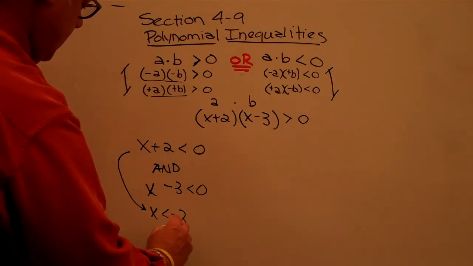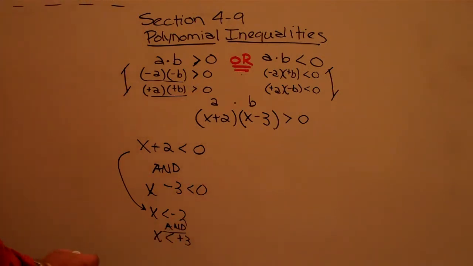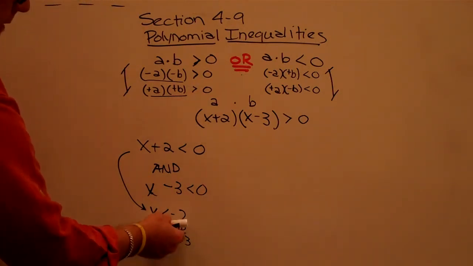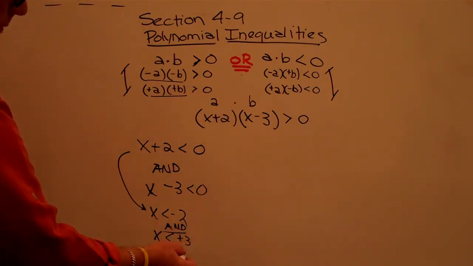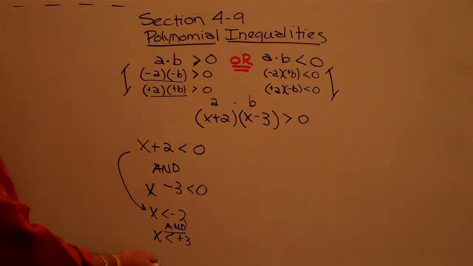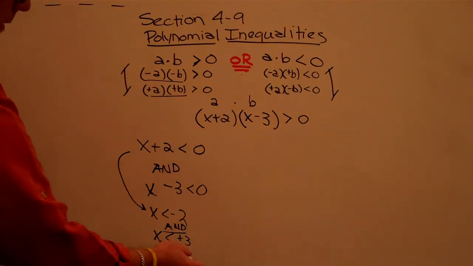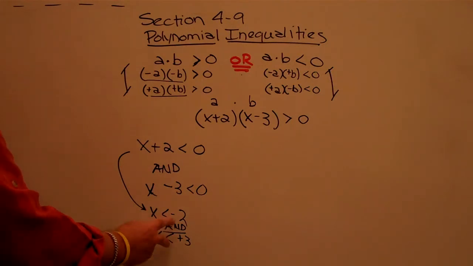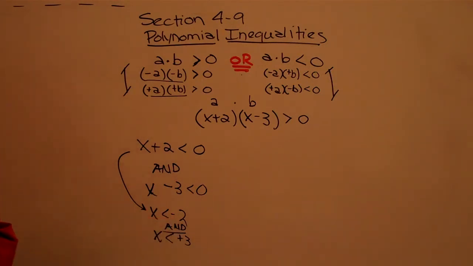And this is "and" here, so at the same time. Now, think of this. If we did number lines here, with a number line going to the left from positive 3 and a number line going to the left from negative 2, the overlap starts at negative 2 and goes to the left.